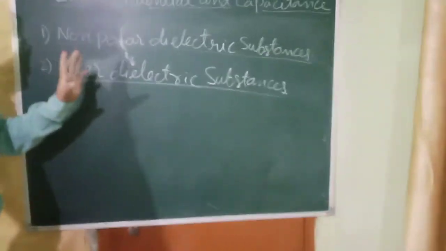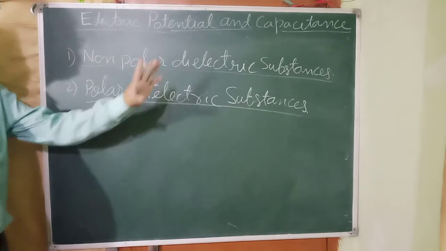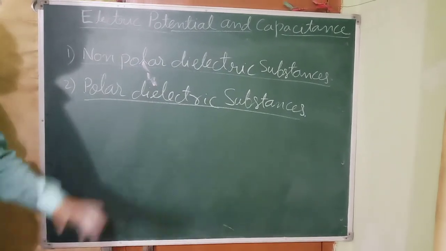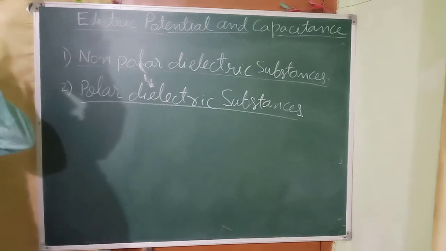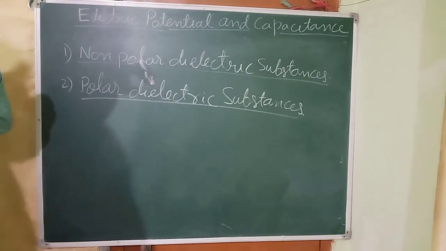See, dielectric substances can be categorized into two categories. One is non-polar dielectric substances, another is polar dielectric substances. Now, what are non-polar dielectric substances? Please write that down, and then you can write the definition.